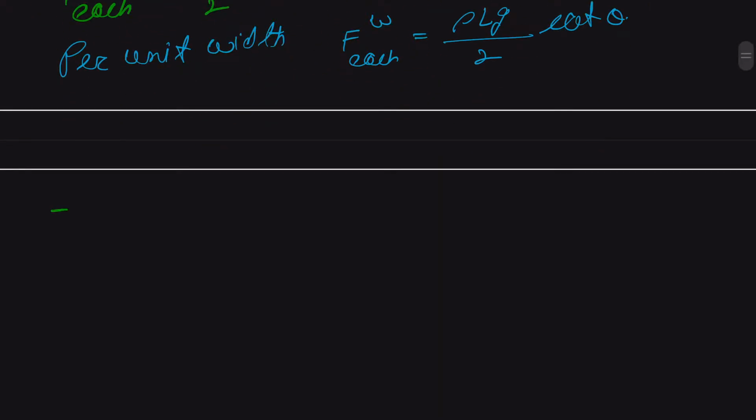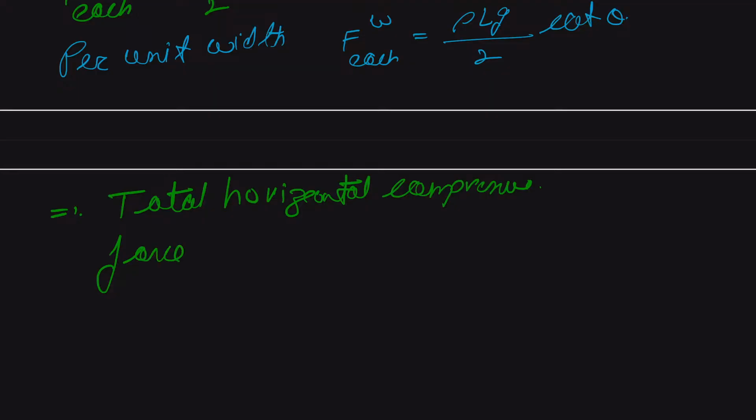And from here we can write that our total horizontal compressive force, F total per unit width, will be twice of F each per unit. So this comes as rho L g, and we have this as cot of theta.